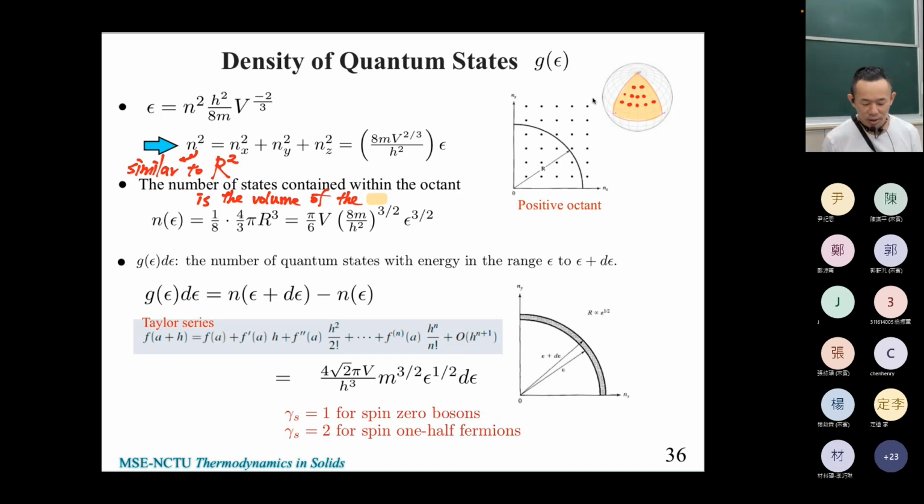So what does that mean? Which means that because quantum numbers are all integers, right? And also they are all closely packed.